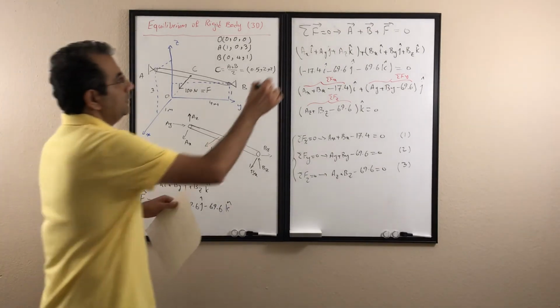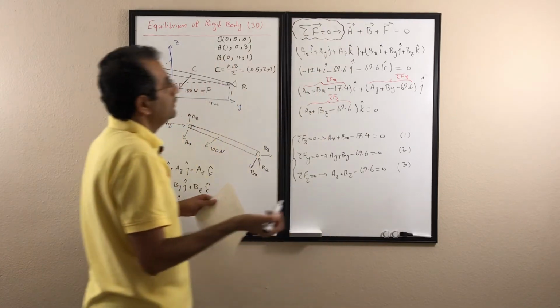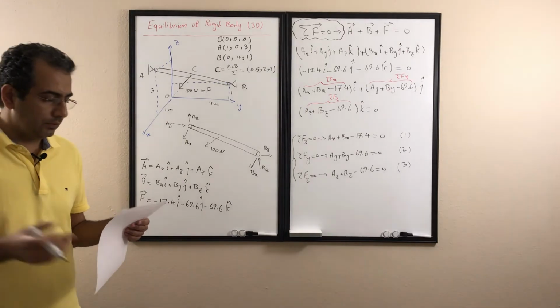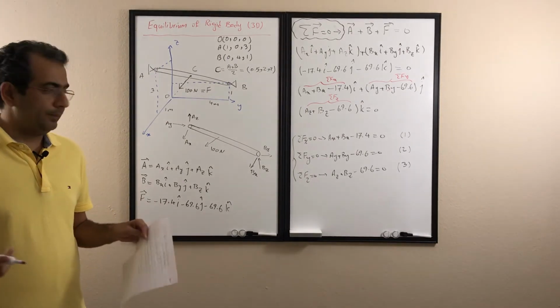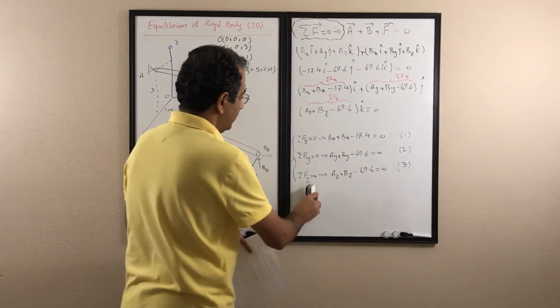We already used this equation, sigma F equal to 0. The other equation we have is sigma M is equal to 0. So we write the moment and just find another equation.